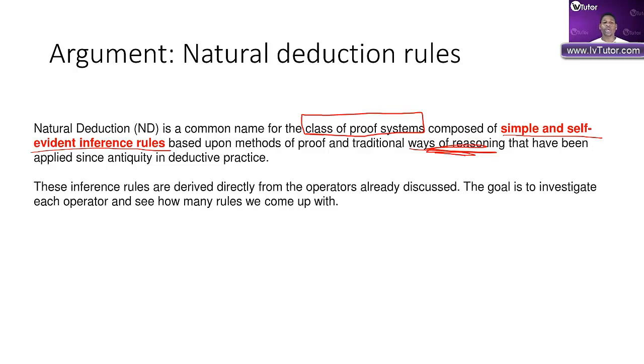These are simple rules that you have built up over time to defend and protect you, and make sure that you get to a good decision. We'll see that these inference rules derive directly from operators that are already discussed. The goal is to investigate each operator and see what we can come up with as rules.